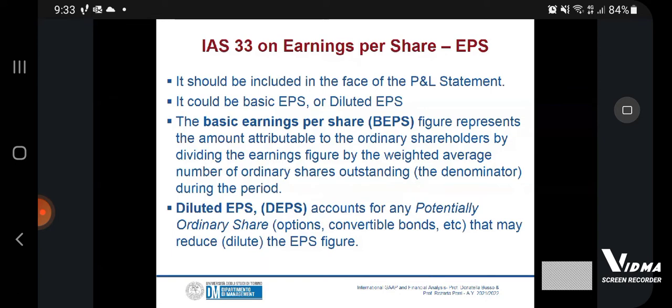Okay, that was options. What about convertible bonds? That might be easier to understand. Bonds are credit securities. When the company has issued some bond, it has collected money. Bonds usually have a maturity date in the future. That means that the company will need to repay the bond.